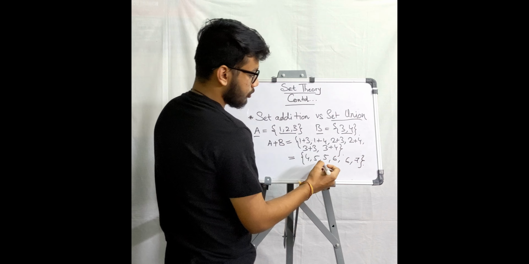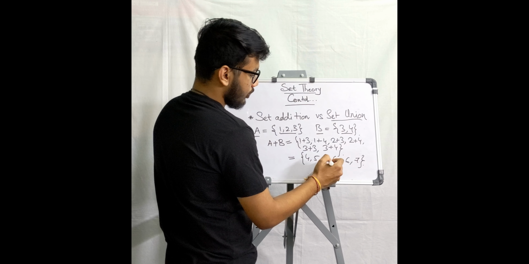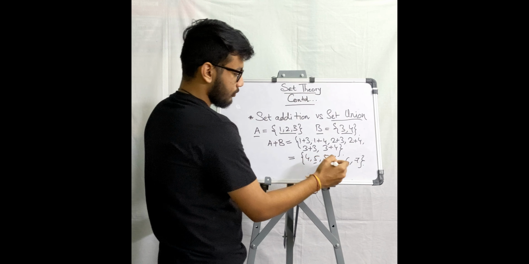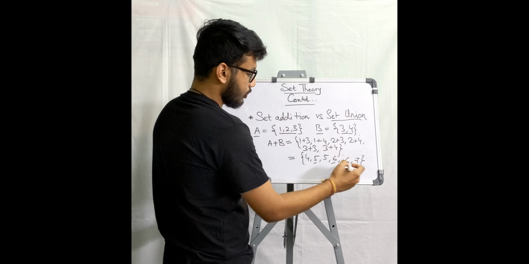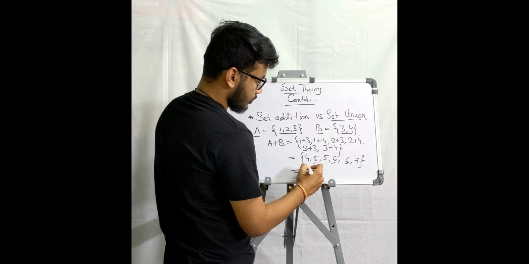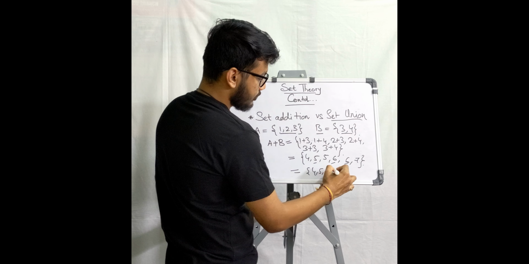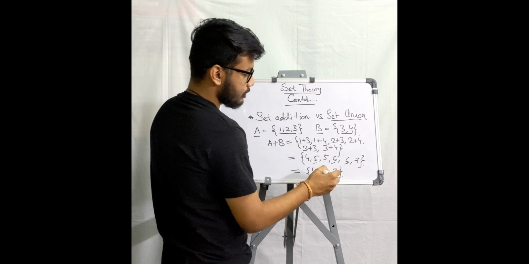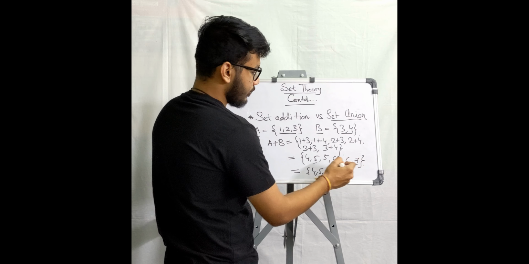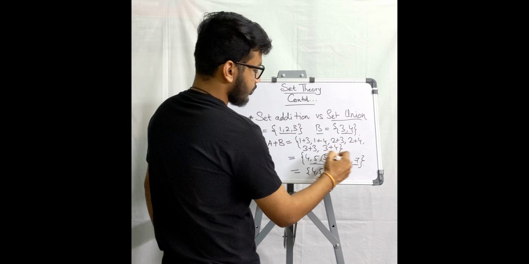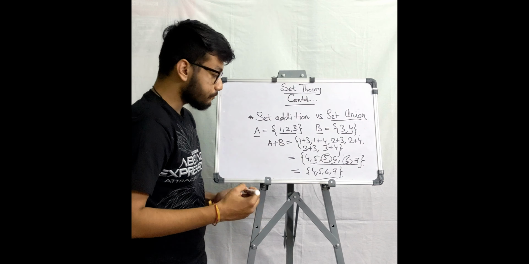Now we have to eliminate the identical elements, the two common elements, 5 and 6. So it will be 4, 5, 6 and 7, because a set consists of only unique elements, no duplicacy is allowed. So this 5 and 6 are duplicated, so we basically remove them.